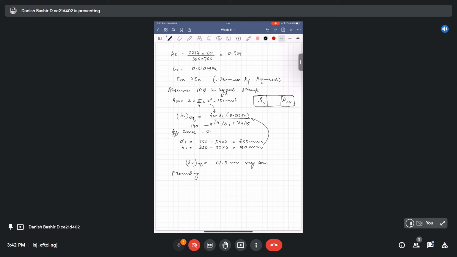Look, this design process is all about iterations. You do one iteration using one ASV, you got some spacing, but that spacing was so low that it might congest the section reinforcement in the beam, and you won't be able to pour the concrete in it. So you have to do the iterations all the time until you get the perfect spacings that are as per the codal requirements, above the minimum value and below the maximum values.